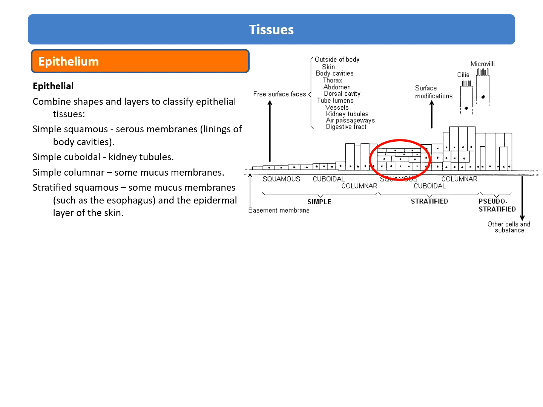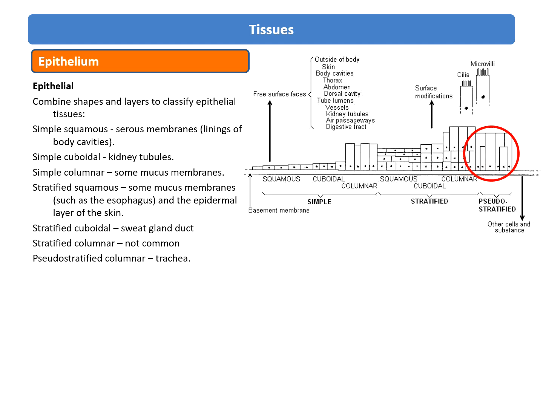Stratified squamous would be some mucous membranes, for example, in the esophagus and the epidermal layer of the skin. Stratified cuboidal, the ducts of sweat glands. And stratified columnar, these are not very common. Pseudostratified columnar are more common. They're found in the trachea, for example.